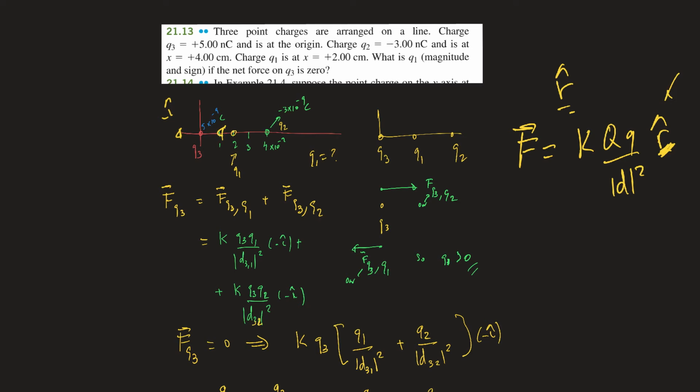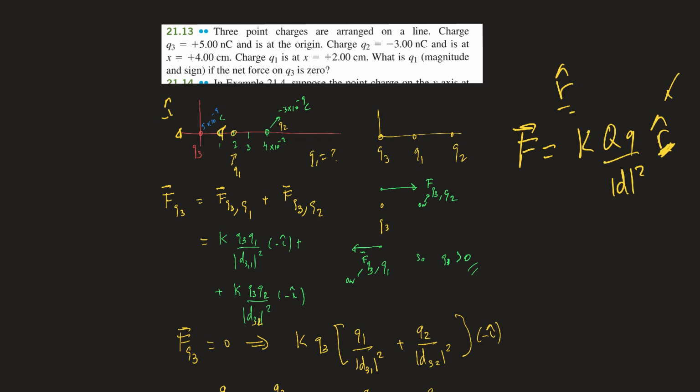So I should put here the vector minus i. So let's go to the other term. The other term is the force acting on Q3 due to Q2. If it's due to Q2, Q2 is the source. So the vector going from Q2 to Q3 is going in this direction. So again, it should be a minus i.